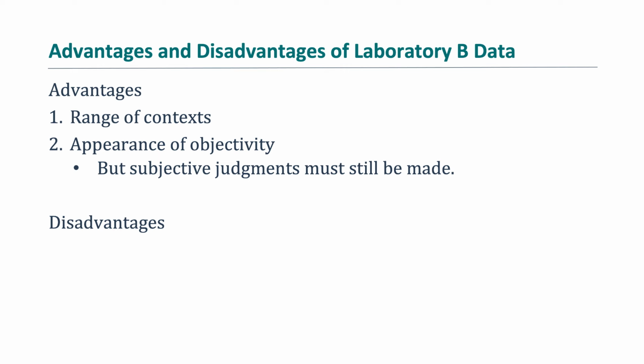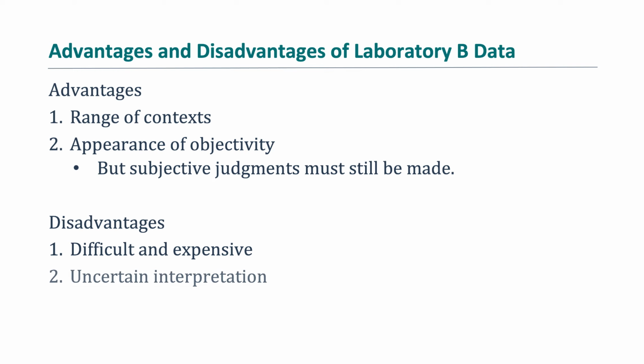There are some disadvantages though. Like I said, it's difficult and it's expensive because you're following a person around, or you're buying stuff for the experiment, or you're buying body cameras so that they can wear them and walk around. And also, you're kind of uncertain about those interpretations. Behaviors may not mean what we think they do.